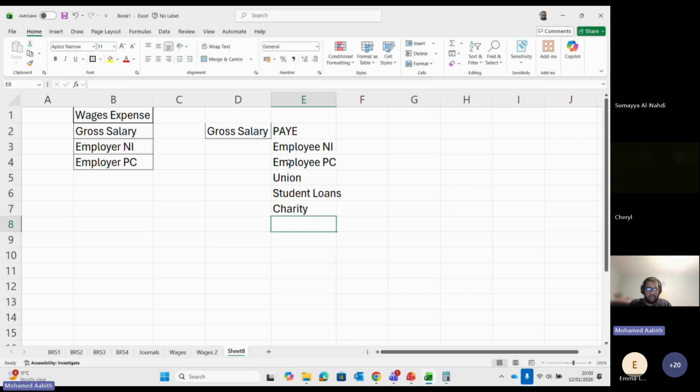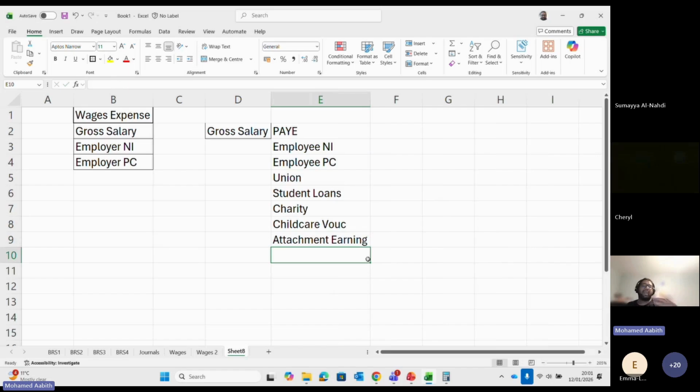You may pay, what do you call again, child care vouchers. You may also have attachment to earnings, that means you have a county court judgment against you. You have to pay whatever something you earn. You may have also maintenance payments.